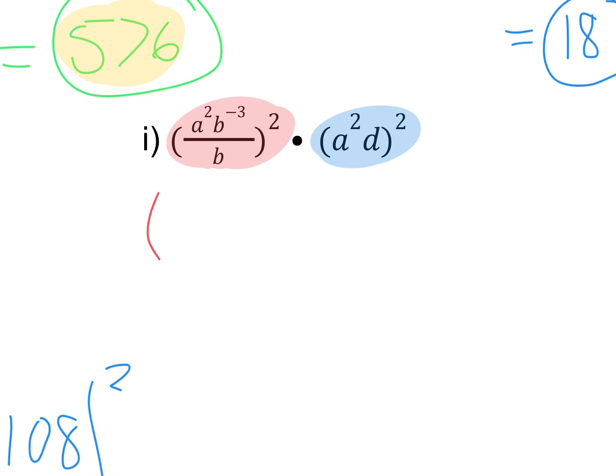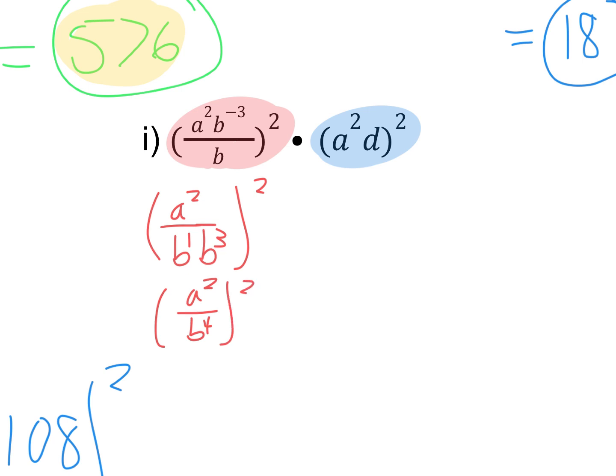So if I do that, I still have a squared in the numerator, but then in my denominator, I would have b to the 1 and b to the 3, right? Because that exponent turns positive. And then if I combine those, I then get a squared over b to the 4th, okay? And then all of this is still squared.